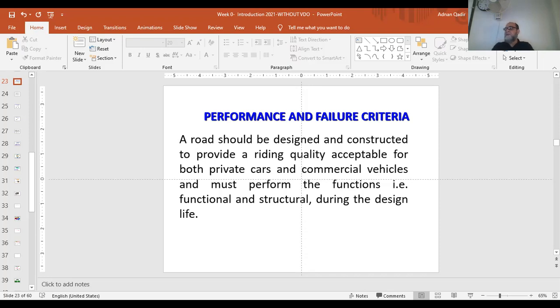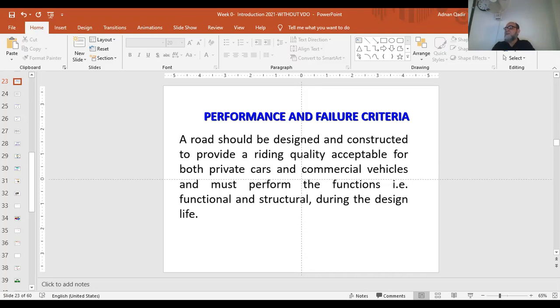Sometimes you cannot attain speed required or desired or posted speed because of some sharp curve. So obviously the speed is less there, but we are not talking about the geometrical failure of this pavement. We are talking about the structural or functional failure of the pavement.